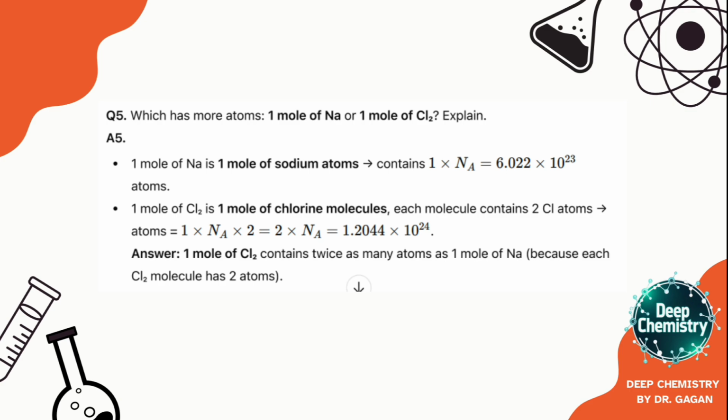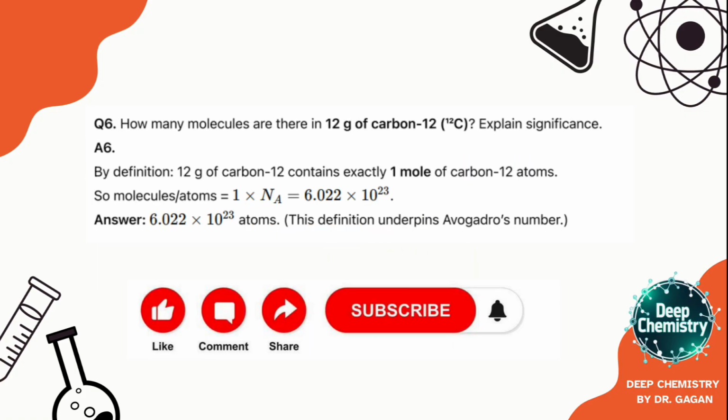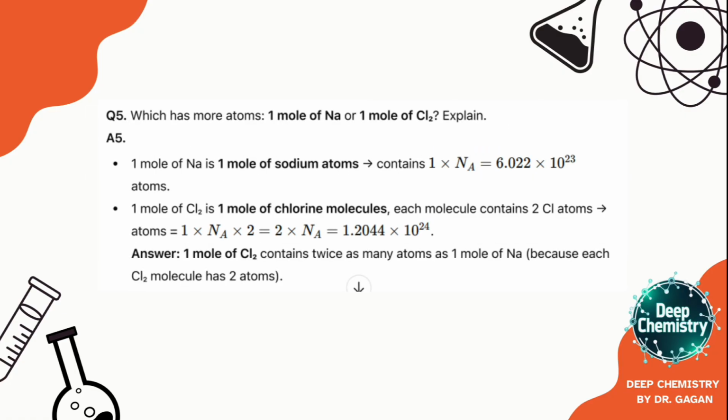So the total atoms in chlorine equals 2 multiplied by 6.022 × 10^23, that is equal to 1.204 × 10^24 atoms. That means 1 mole of chlorine has twice as many atoms as 1 mole of sodium.